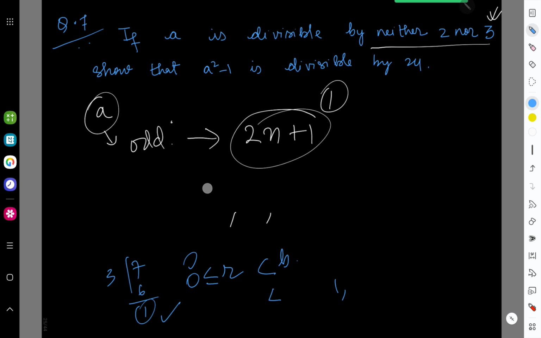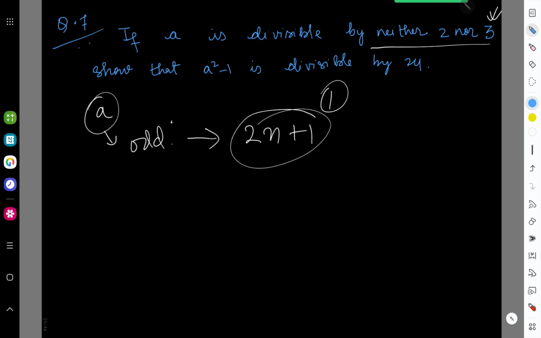So things to remember while solving this question: our a is an odd number, and since it is an odd number, the general form is 2n plus 1, and our possible values of remainder are 1 and 2. So how can we express this in general form for the remainder?